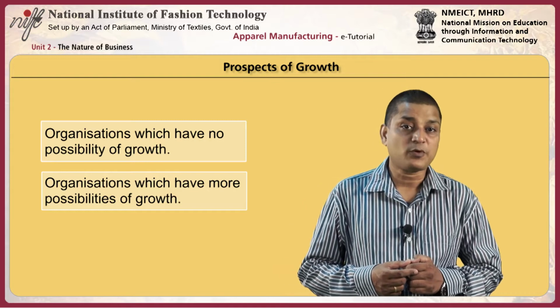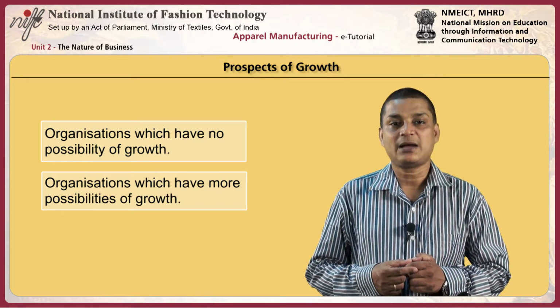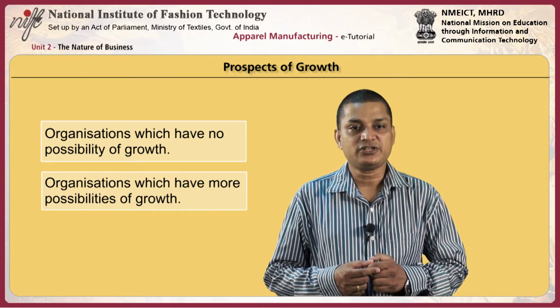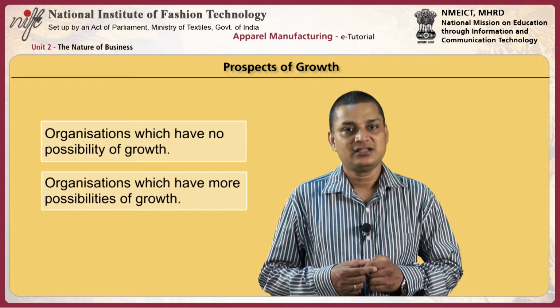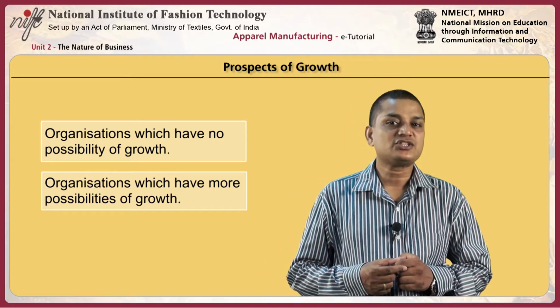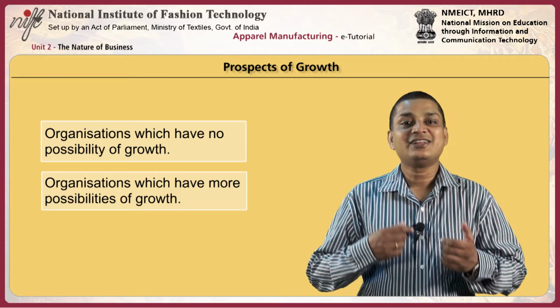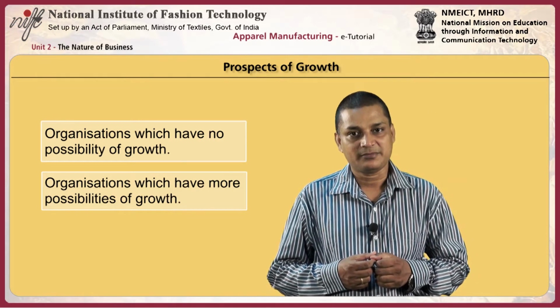Organizations which have no possibility of growth don't need additional fixed capital in future. Organizations which have more possibility of growth need more additional fixed capital. Such organizations make a choice of the sources of finance so that the needed additional finance can be made available.